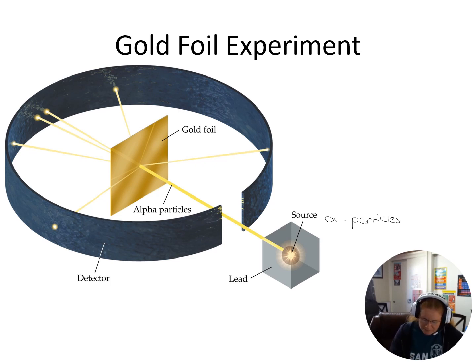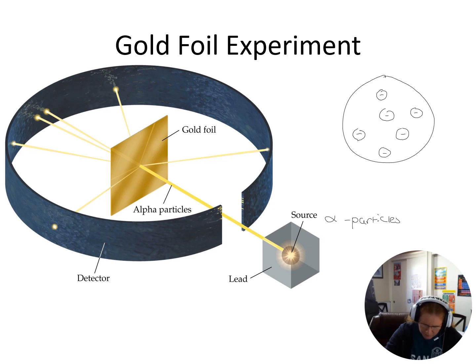So what they expected was, let's say I've got my diffuse sphere of positive charge here, and I've got my electrons just plopped in anywhere I want. Okay, so there is my plum pudding model.